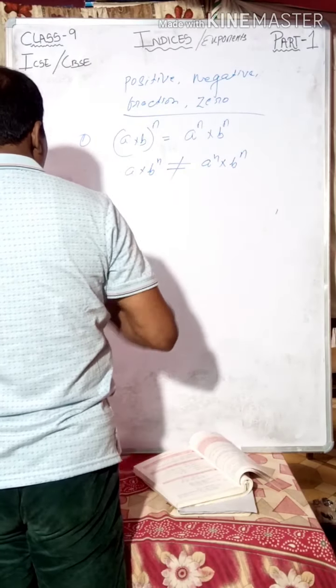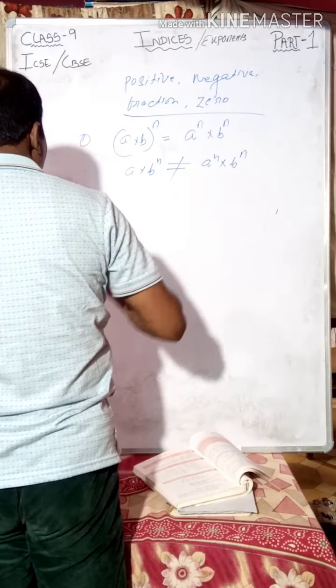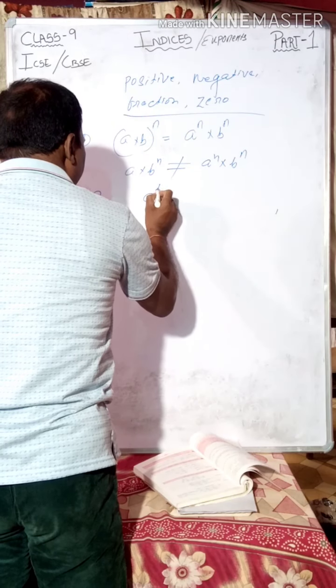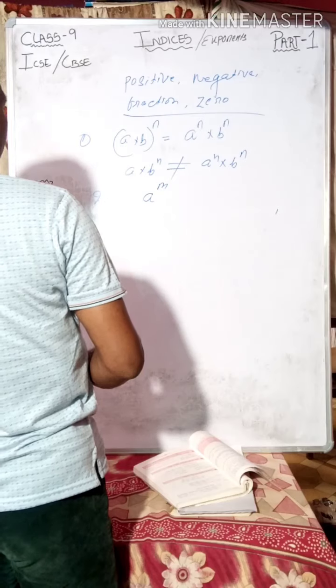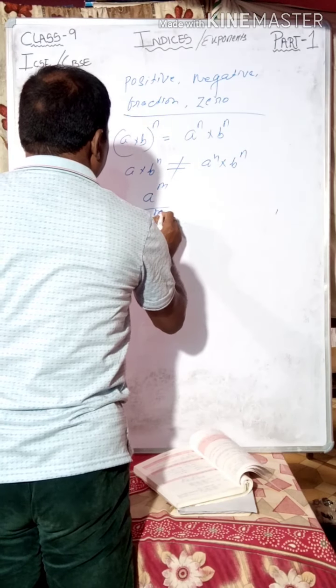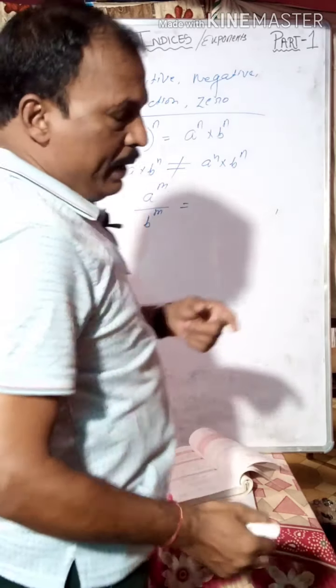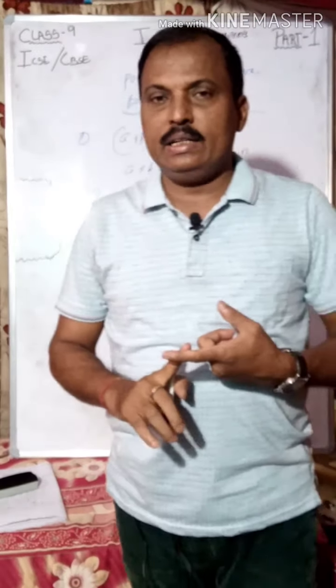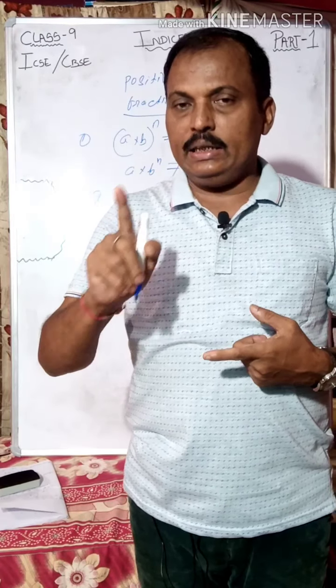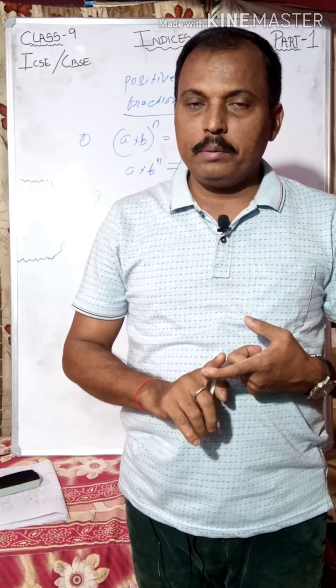Then number 2: a^m upon b^m. Look, when two terms with indices are divided, their index is the same but the base is different.